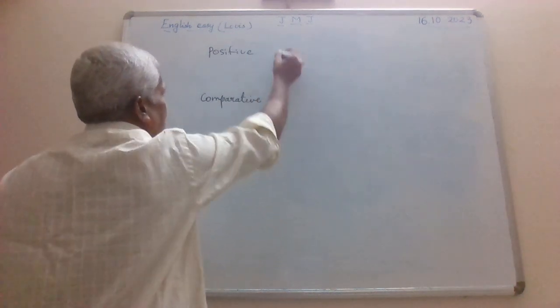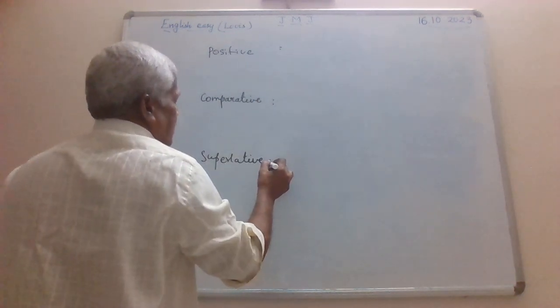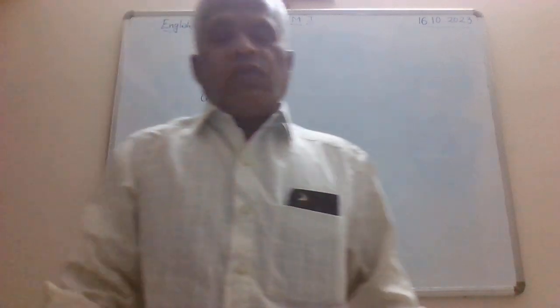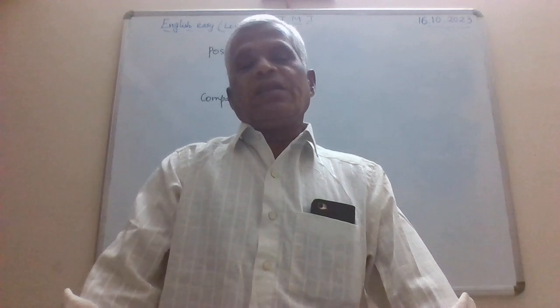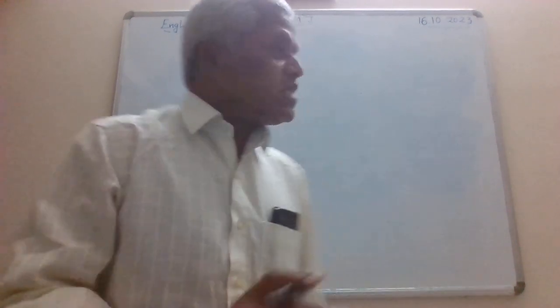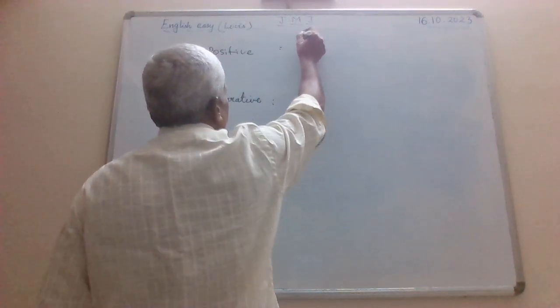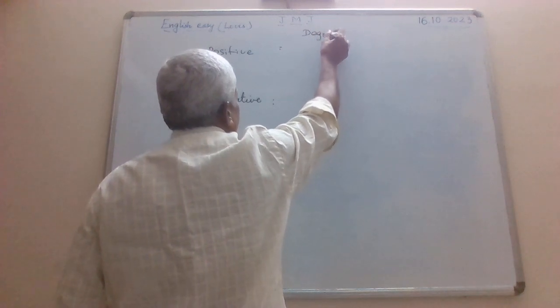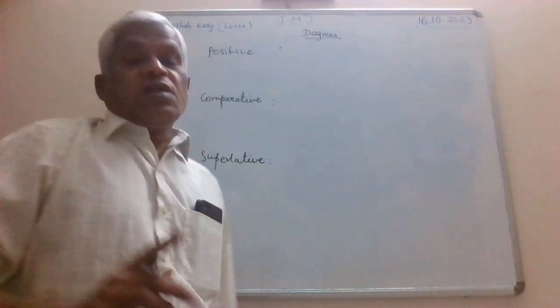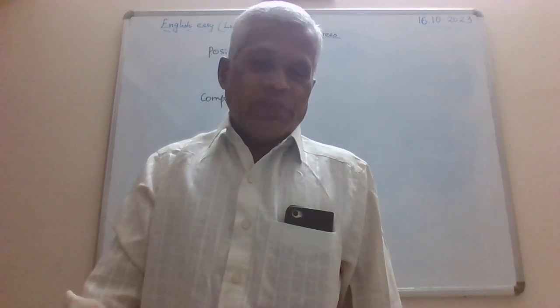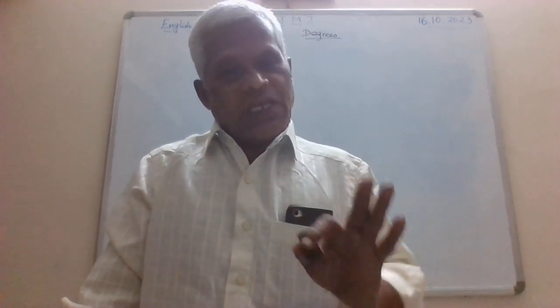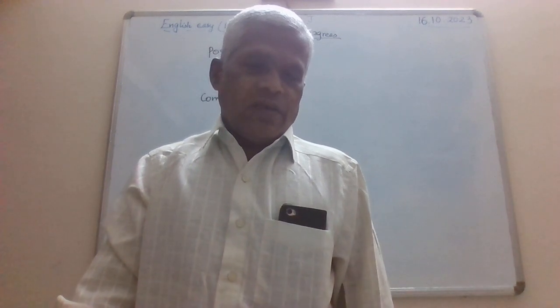Now in my previous video with regard to these degrees of comparison, I said that whenever we think of degrees, we must remember only adjectives, because only adjectives can be compared. Guys, only adjectives can be compared.